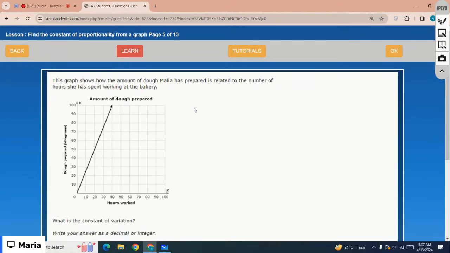This graph shows how the amount of dough Malia has prepared is related to the number of hours she spent working at the bakery.